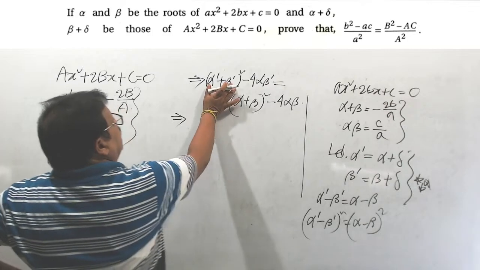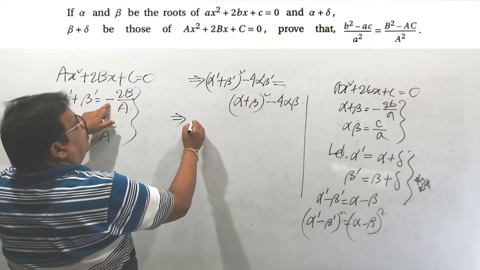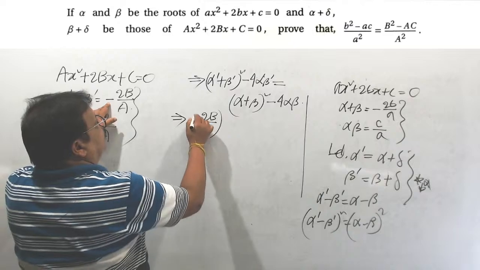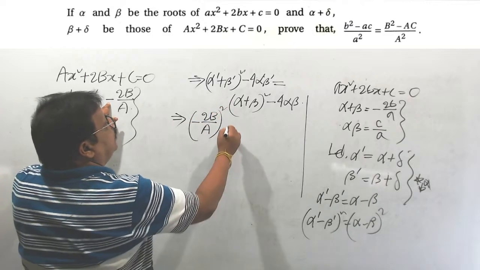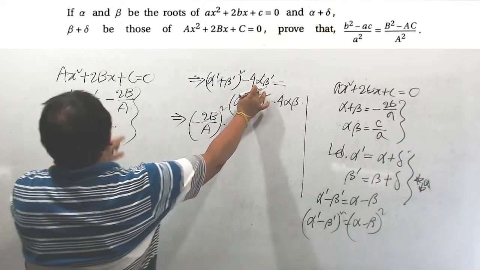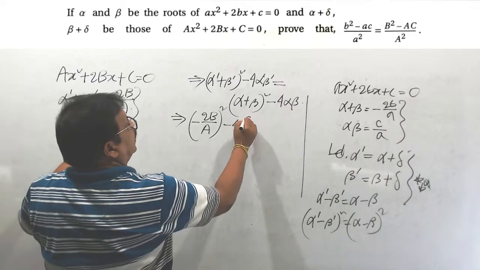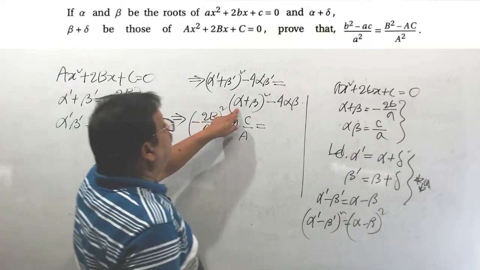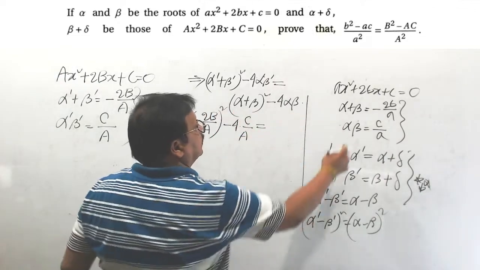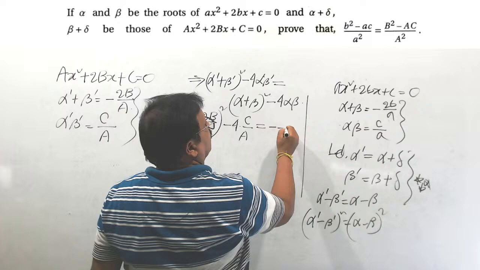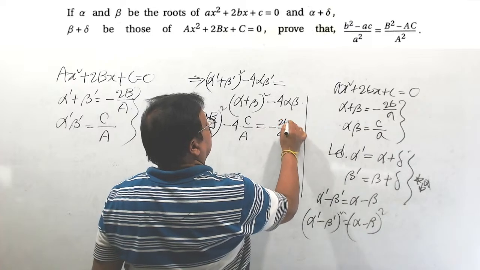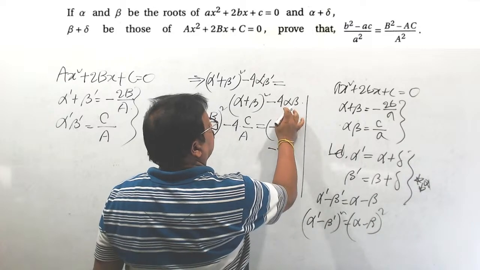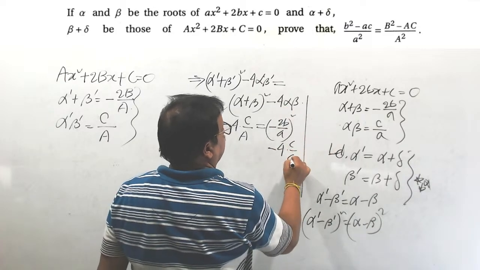Now the sum, that is (minus 2b by a) whole square. Understood? Minus 4 into the product, capital C by a. This equals (alpha plus beta, that is minus 2b by a) whole square minus 4 into alpha beta, that is C by a.